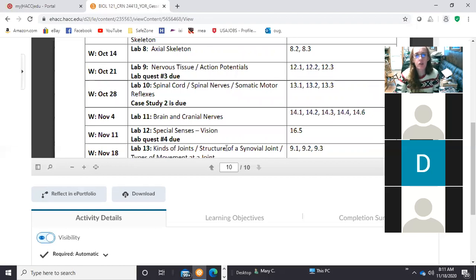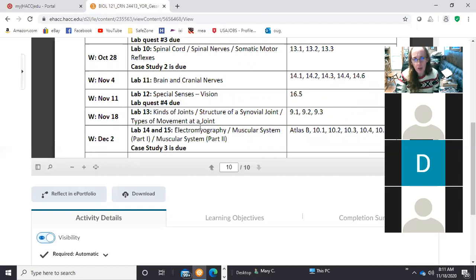Because we go, but we are not going to do this special census at all. We're going to move into this joints one. If you remember when you had to do the bony markings? This is going to be going in that same direction. We're going to be talking about the joints, and knowing the bony markings will help with this.